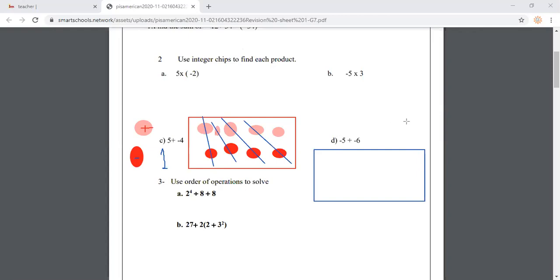So I'm going to draw only a key. It's up to you to draw the circle, but don't forget to write what this key means. So here I put this one and I'm going to put a negative inside it. Which means the blue circle now will guide us to know that this circle means negative.